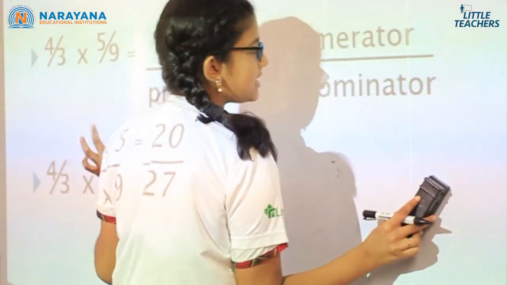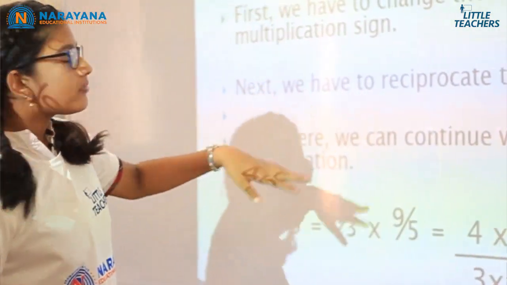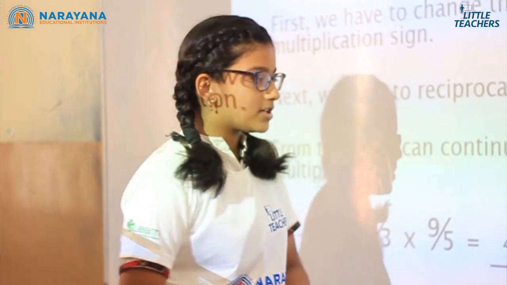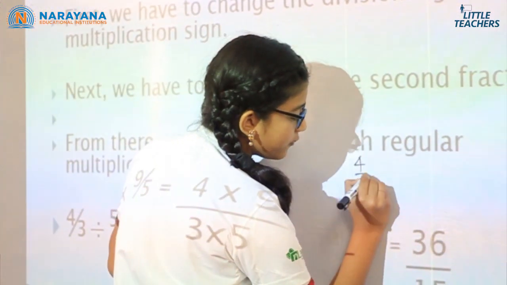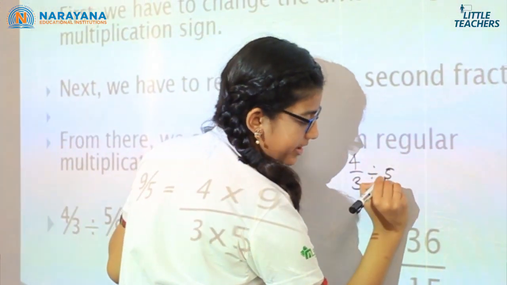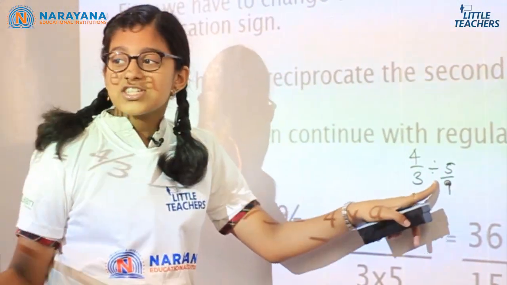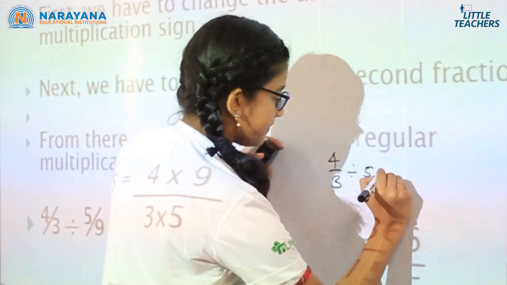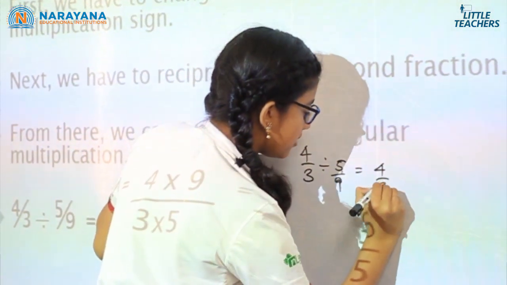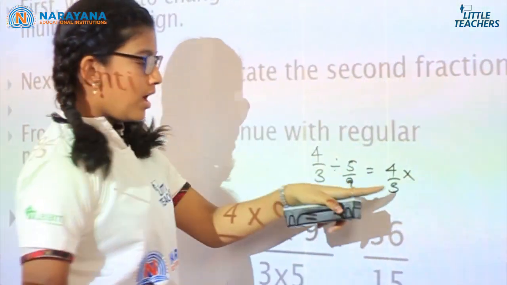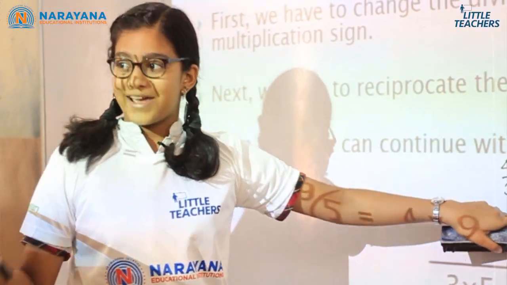Next, if I take division, it is the same process but a bit different. So now I'll have to take 4 by 3 divided by 5 by 9. In this, I have to change the division sign into a multiplication sign. So 4 by 3 into, and we will reciprocate the second fraction.